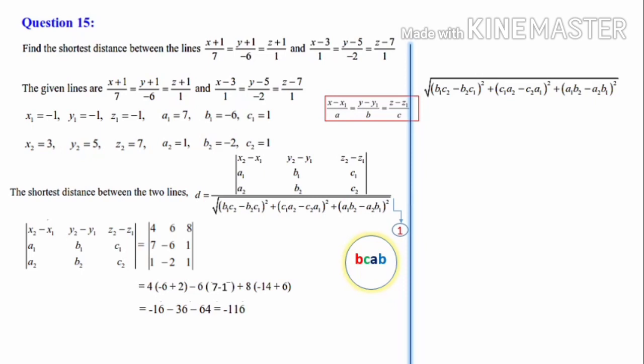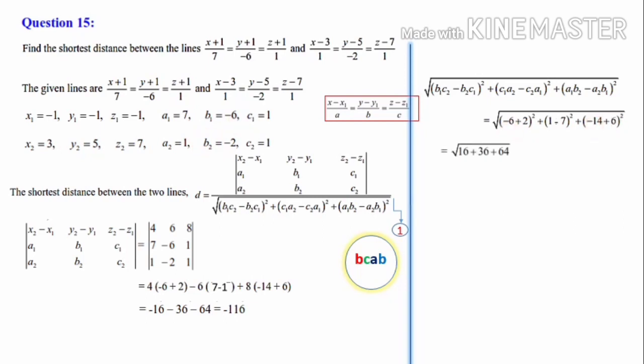That also we can do in a little easier way, like cross multiplication. b1 c2, b1 and c2 is here, minus 6 into 1, that is minus 6, minus b2 c1, b2 c1 is here, minus into minus plus, so 2 into 1 is 2. c1 a2, c1 is here, a2 is here, 1 into 1 is 1. c2 a1, that is 7 into 1, 7, minus 7 the whole square, plus a1 b2, here a1 is 7, b2 is minus 2, so 7 into minus 2, minus 14. a2 b1, a2 is 1, then here b1 is minus 6, so minus into minus plus, 1 into 6 is 6, minus 14 plus 6.